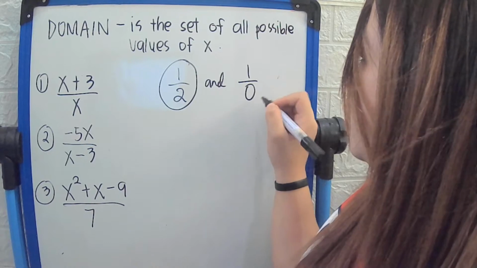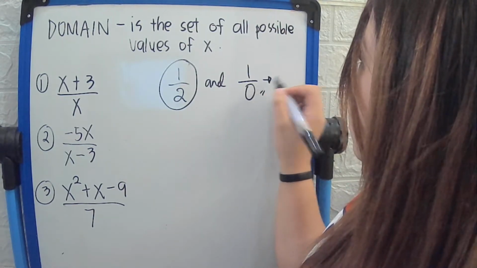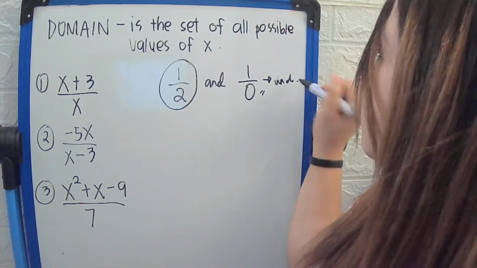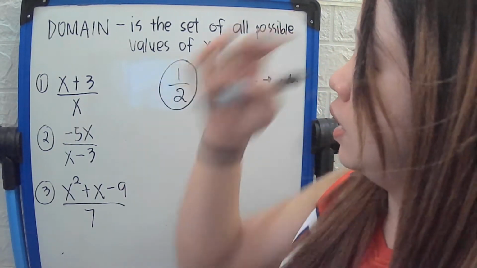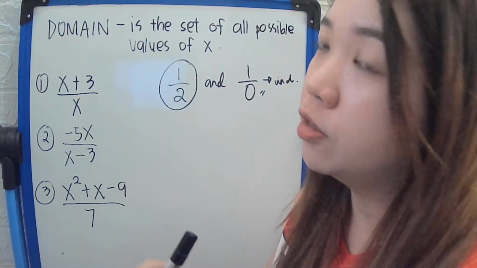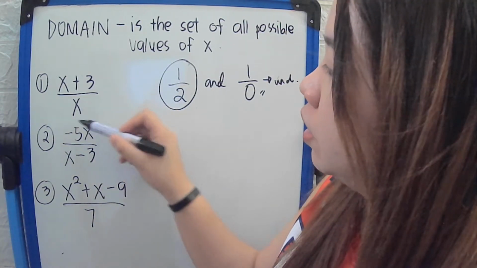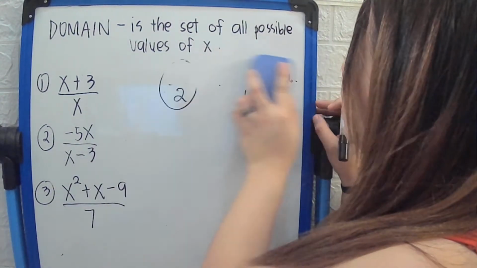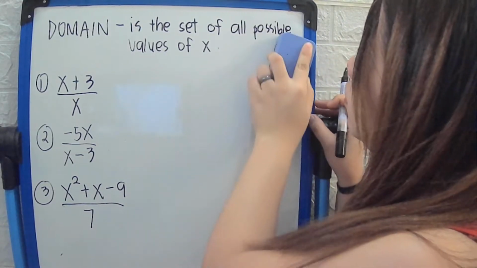Whereas in 1/0, your denominator is 0, which will make the whole fraction undefined. So the restriction here to see the non-permissible values for x is that the whole denominator must not be 0. So let us see the domain, the permissible and non-permissible values for x.